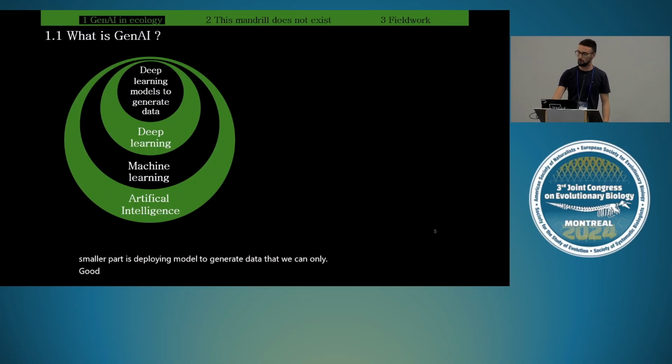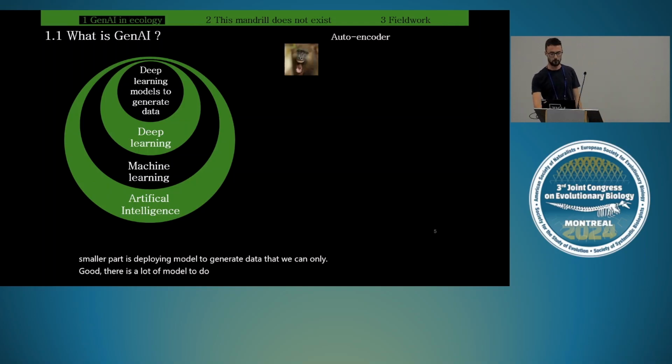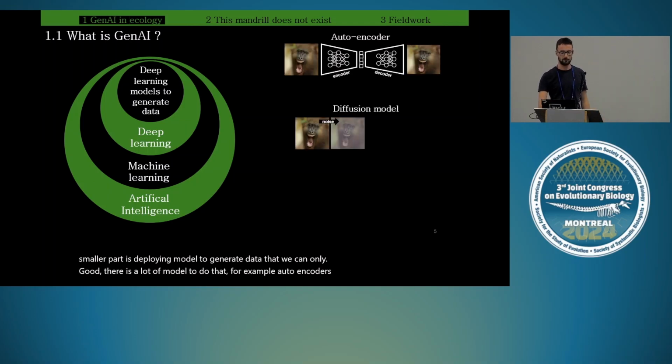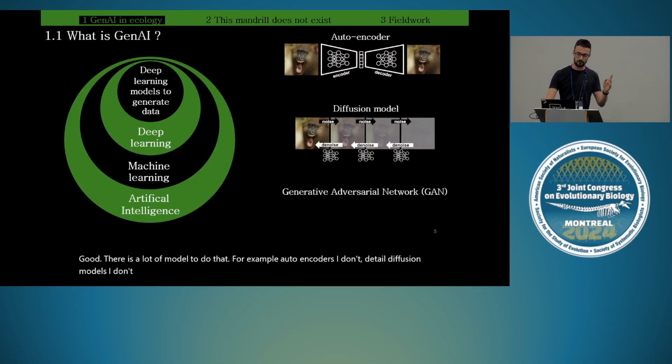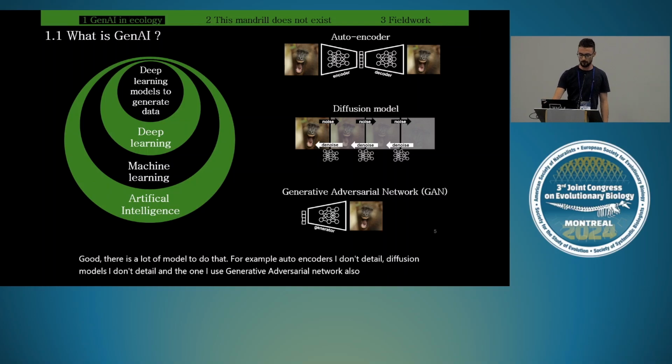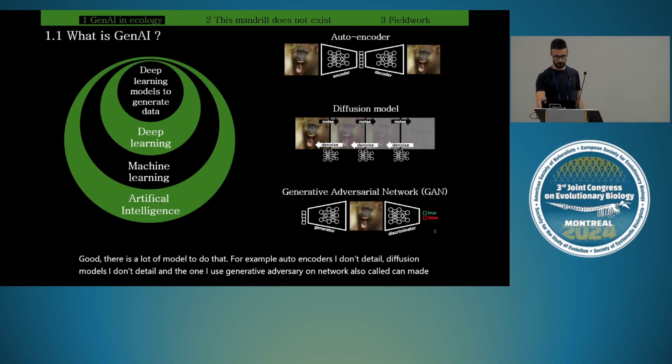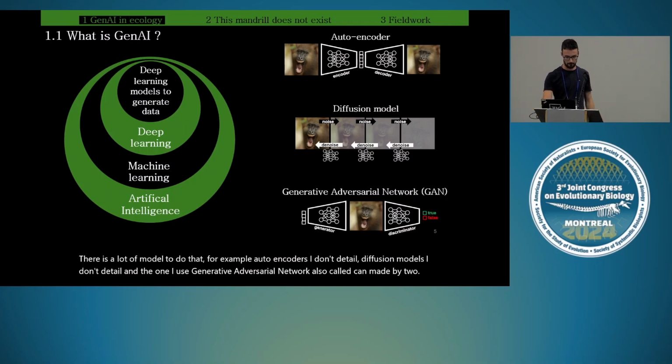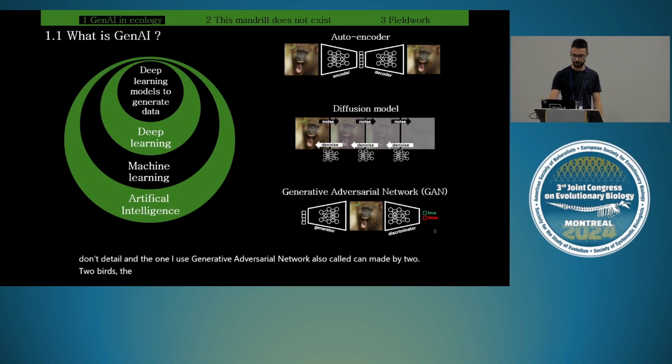There are a lot of models to do that. For example, autoencoders, which I won't detail, diffusion models, which I won't detail, and the one I use, generative adversarial networks, also called GANs, made of two parts, the generator and the discriminator, and I will explain this in detail.